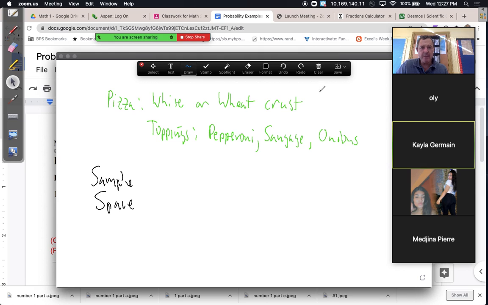All right, so this has two choices, white or wheat. And for toppings, we've got three choices. So I'm going to have 6 things, 2 times 3 things in my sample space. Let's call white W and wheat WH.